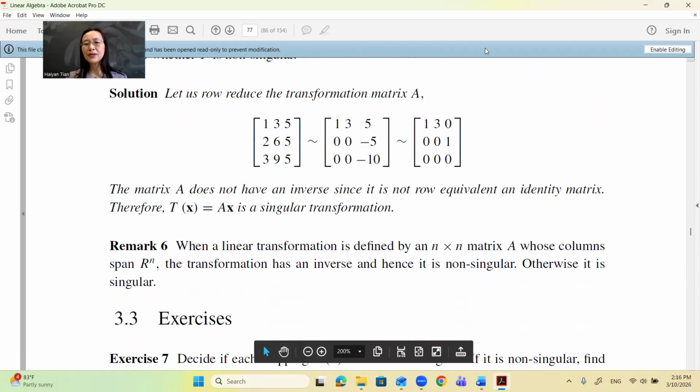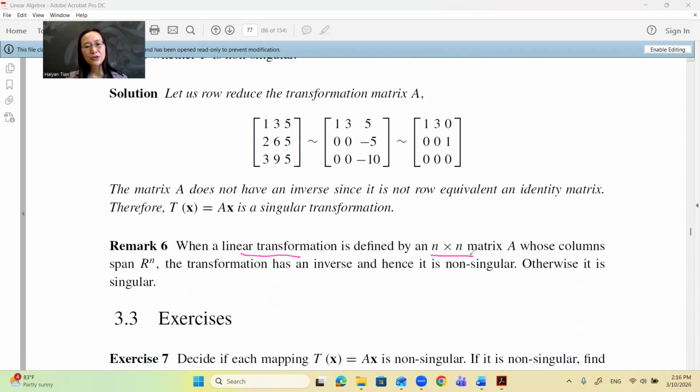So we already talked about the linear transformation defined by square matrices. If A is such a matrix with columns that span the whole entire space, then this A should have an inverse. As long as you have a matrix A whose columns span Rn, that means A is onto. And if A defines an onto mapping, then it has an inverse.